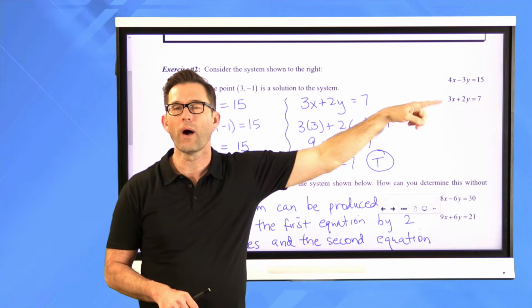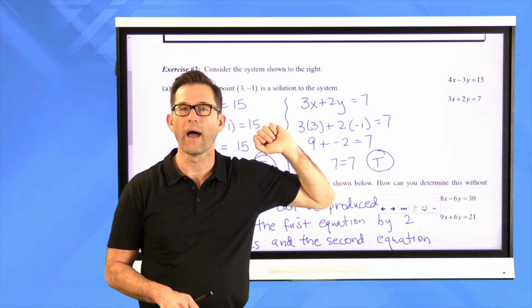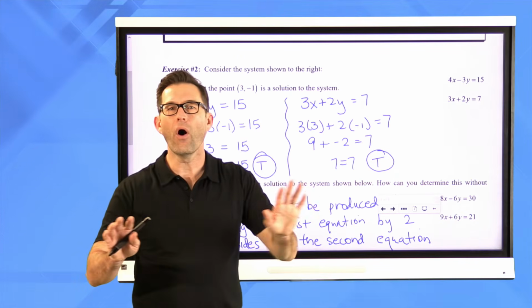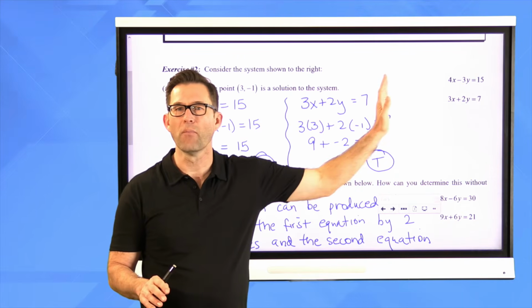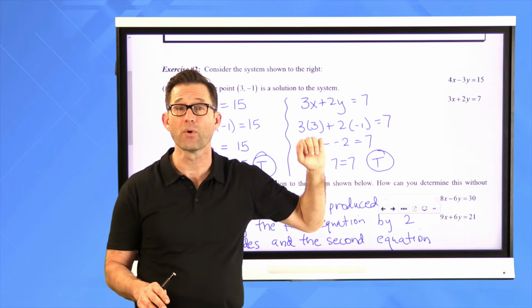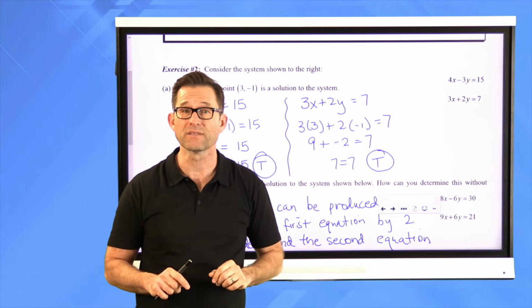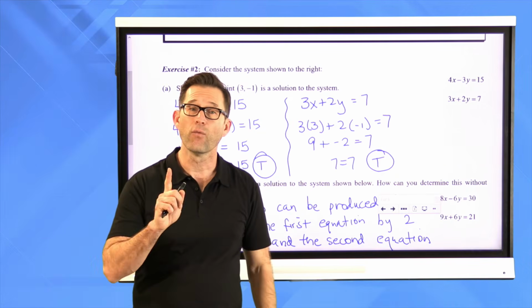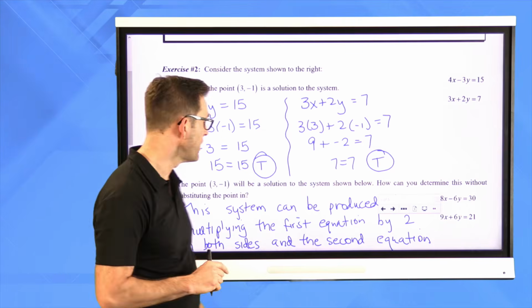Negative 3y plus 2y would be negative 1y. So I'd still have both x's and y's. But I will always be able to manipulate a system by multiplying both sides of one or both of the equations by some number to produce opposites. Once I have those opposites, I can add the equations together to have one variable be eliminated.